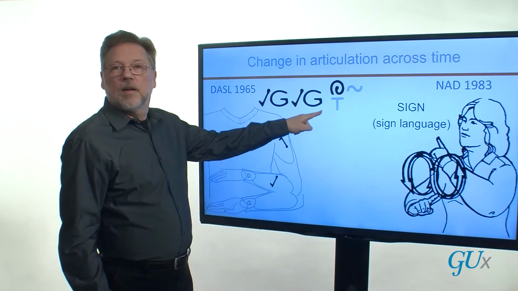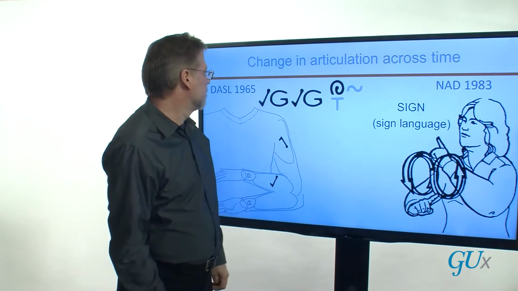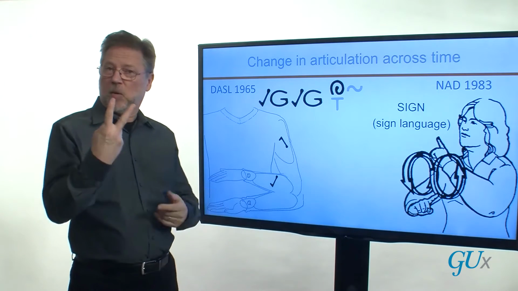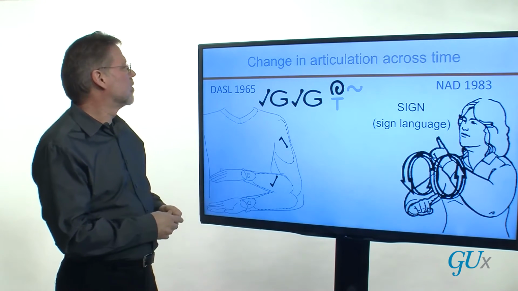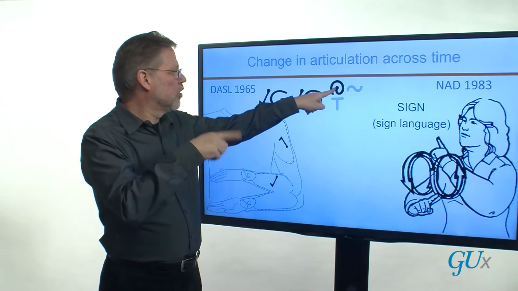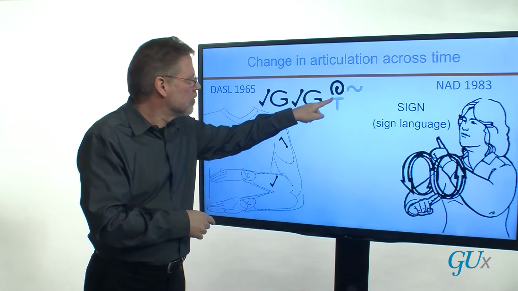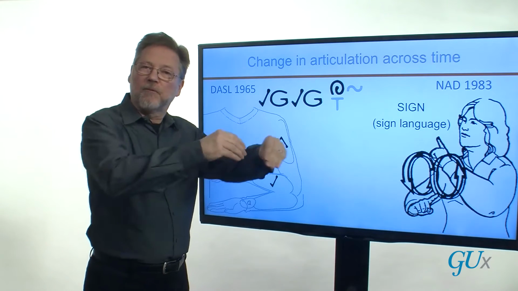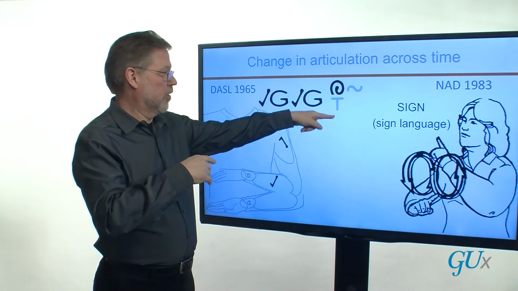Here's the DASL notation. There are two hand-shaped symbols because the sign is two-handed. The movement is circular, shown here, and this diacritic denotes an inward direction versus outward, resulting in a movement like this.